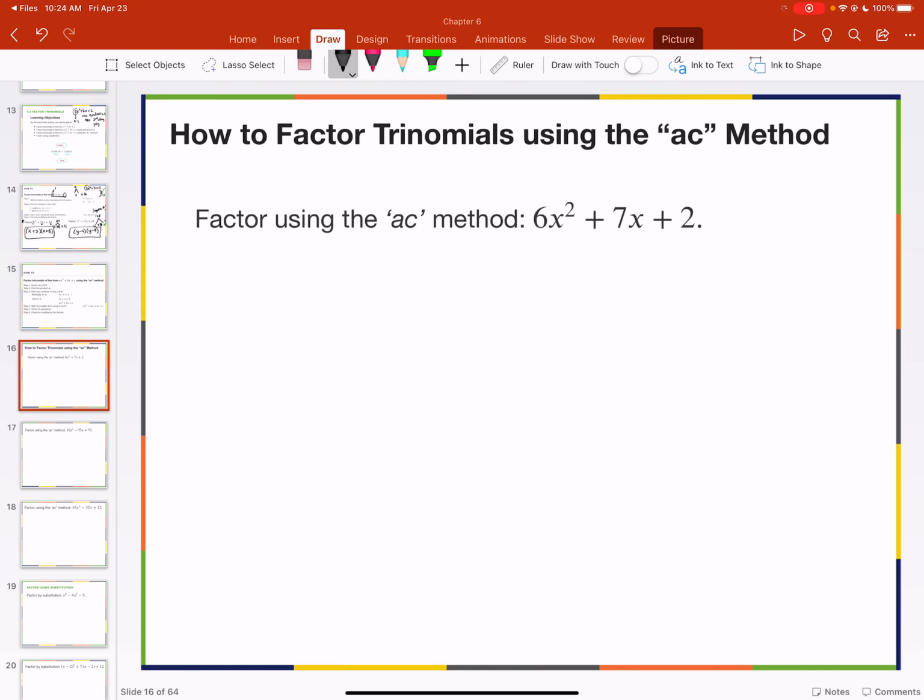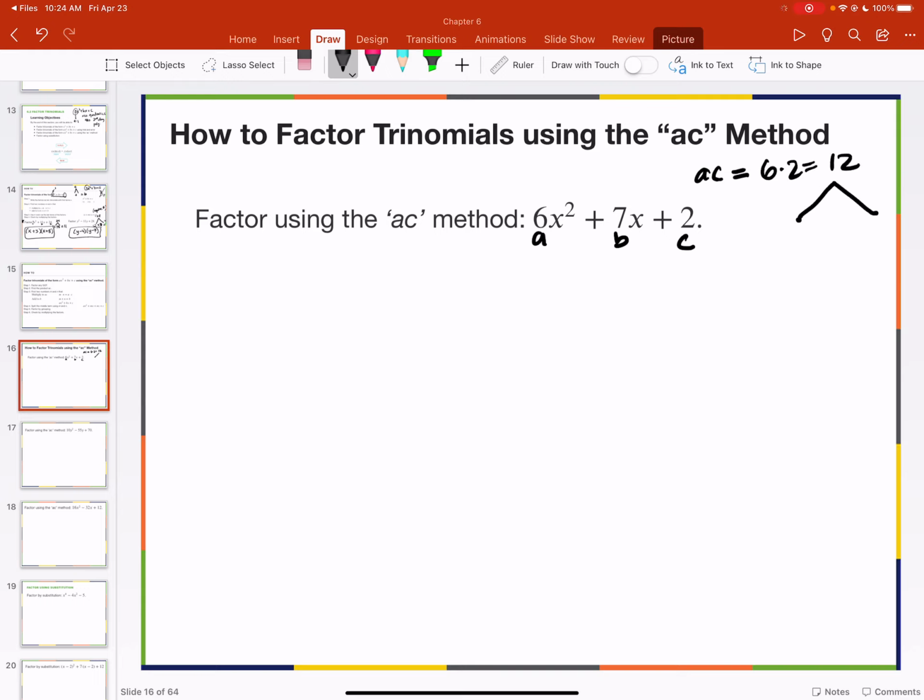So here we have 6x squared plus 7x plus 2. So A, B, C, right? A is 6, B is 7, C is 2. So what is AC? AC is the product 6 times 2, which is equal to 12.